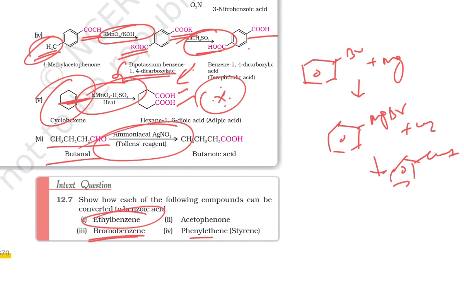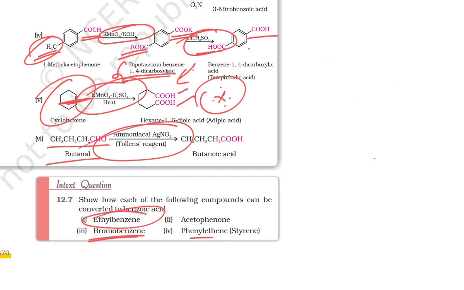Phenylethene, this reaction is new. This is ethene, and in this the phenyl group is there, so we call it phenylethene. When this phenylethene reacts with KMnO4 and KOH, what is it going to give?